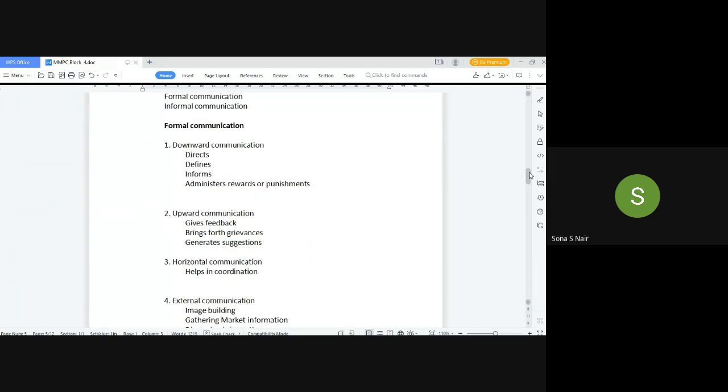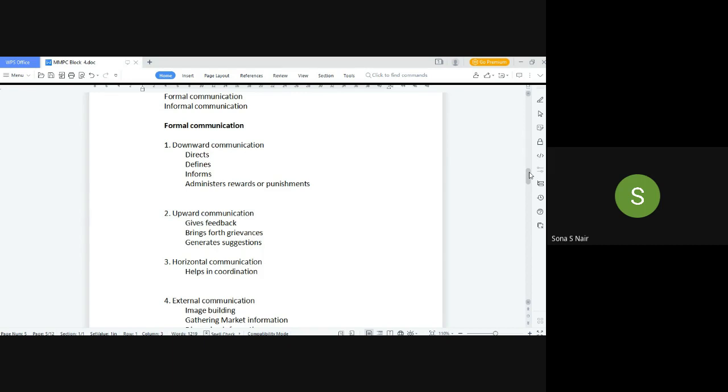Now, what is downward communication? Communication which comes from the superior to the subordinate is downward communication. It might flow between just two individuals, it might flow from the top of the organization to the bottom of the organization. What is it meant for? It is meant for directing people, it is meant for defining jobs, defining activities, defining tasks.